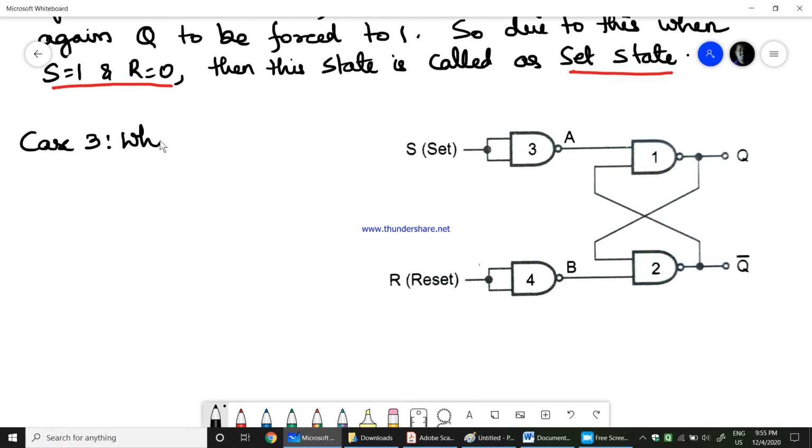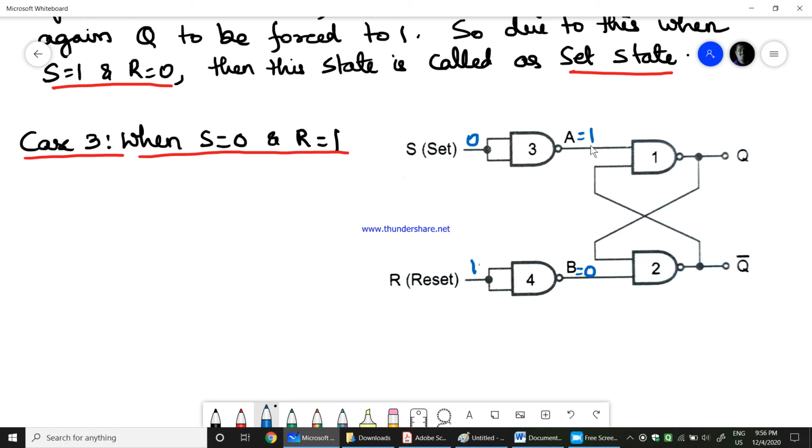Here again let us understand the operation. Here S equals 0, R equals 1. So this makes A equal to 1 and B equal to 0.